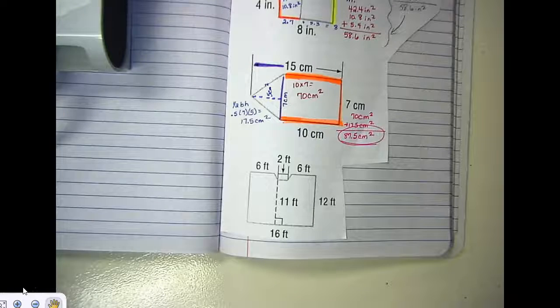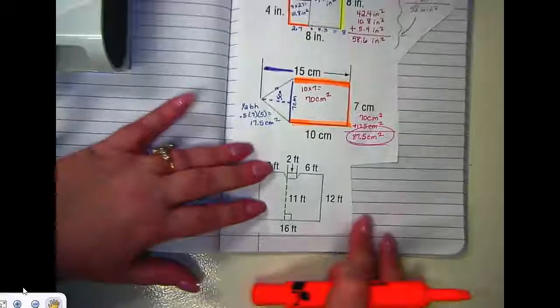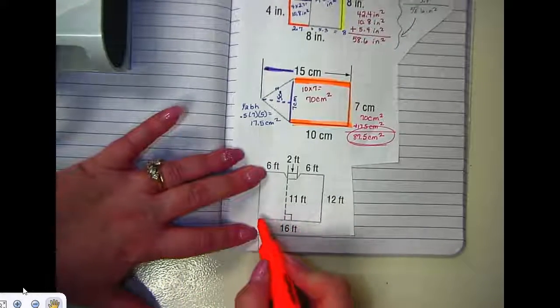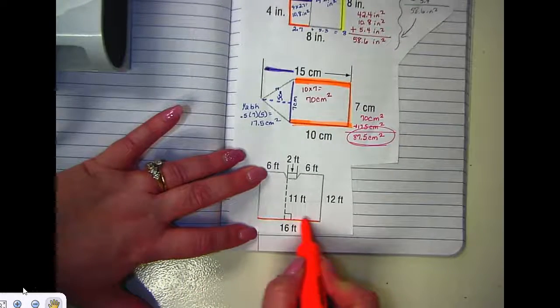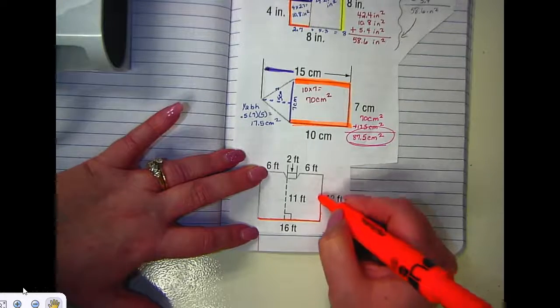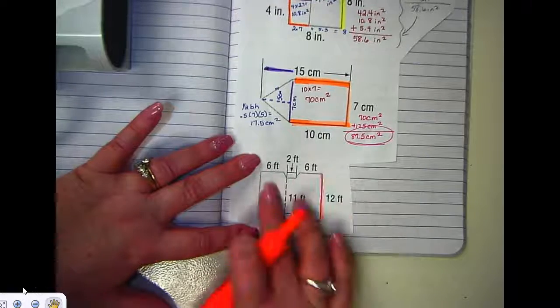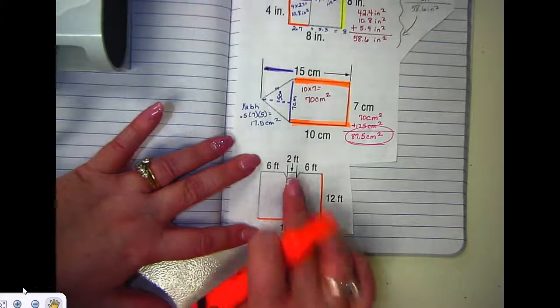So let's think about the base and the height of the rectangle first. All right, so the base is 16 and the height is 12. And that will be the whole shape, including this missing shape.